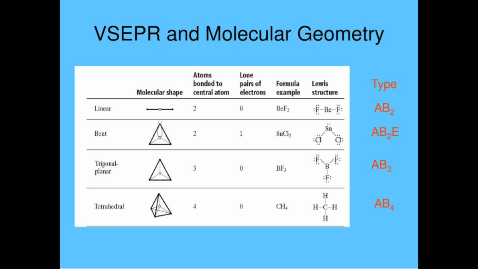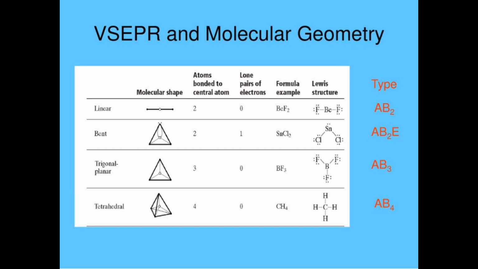Now, to give us a summary again, according to WASSCE, and their type, you could see linear here, how it is being structured and the type. Very, very important. You have bent. Here, you have a trigonal planar. You have tetrahedral.